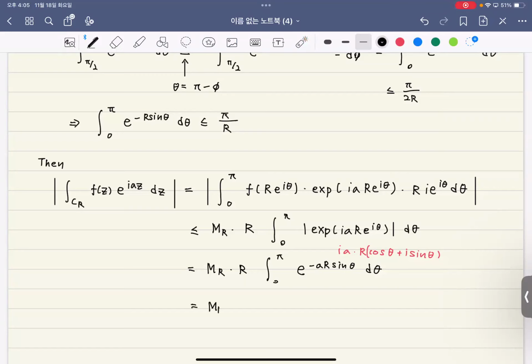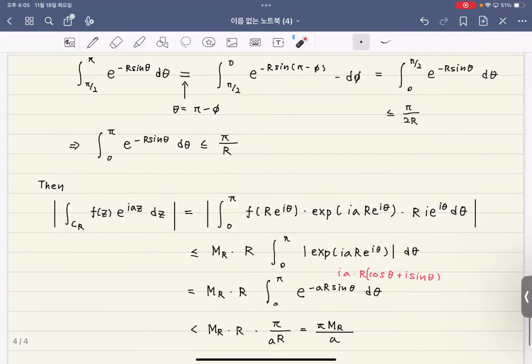This is bounded by pi over a r, and so I need to put one additional number a over here. So M_R r times pi over a r, that is, M_R pi over some positive number a.